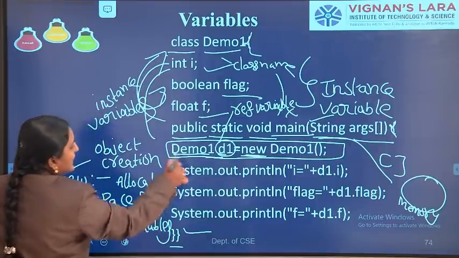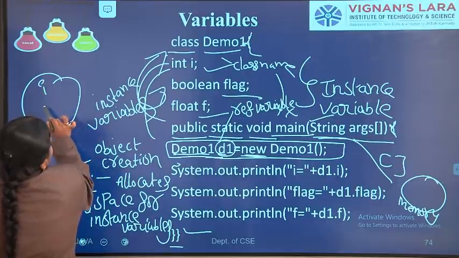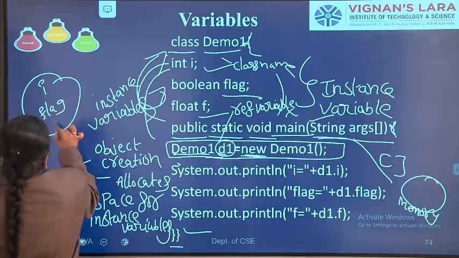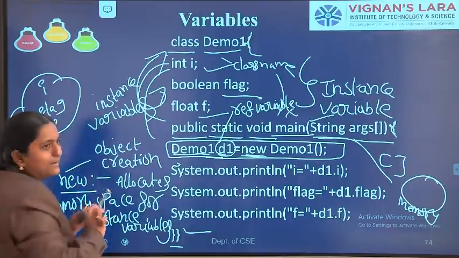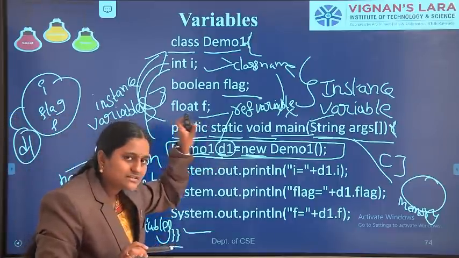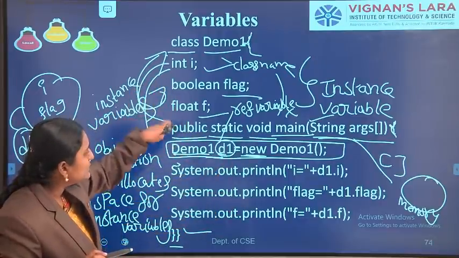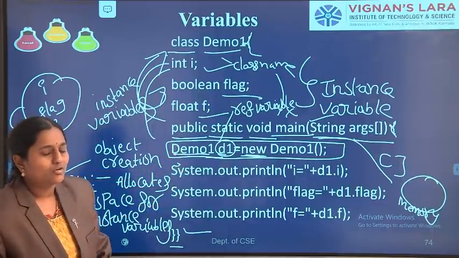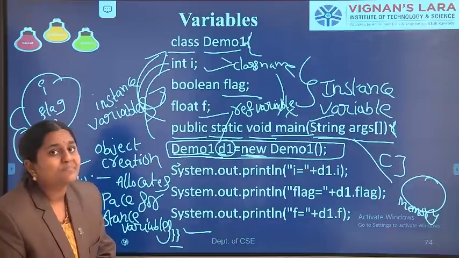So whenever we create an object in Java, these three variables i, flag, f are loaded into the memory. At that time the instance variables are loaded into the memory, apart from anything contained in the form of bytecode. But how can we access those variables? Through the object reference.